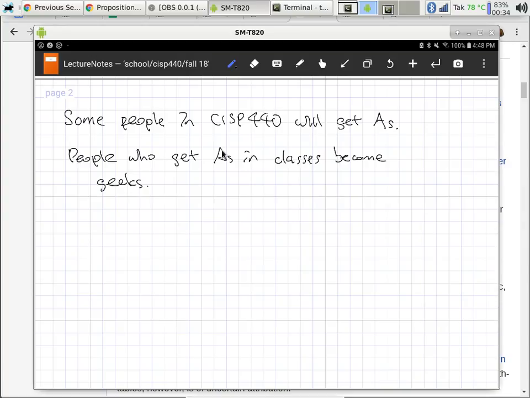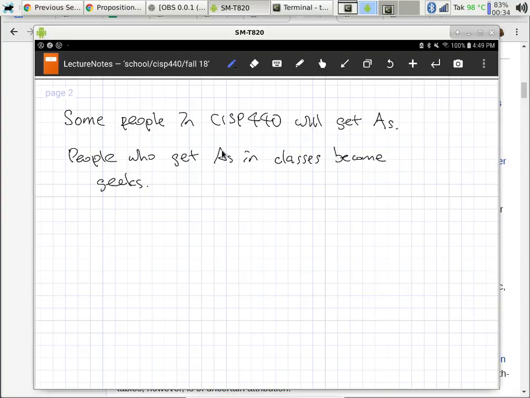Okay? What about the second one? People who get A's in classes become geeks. Is it universal or is it existential? It is usually implied to be universal. But if that is the intent, then you have to say every person. Okay, that makes it very clear.